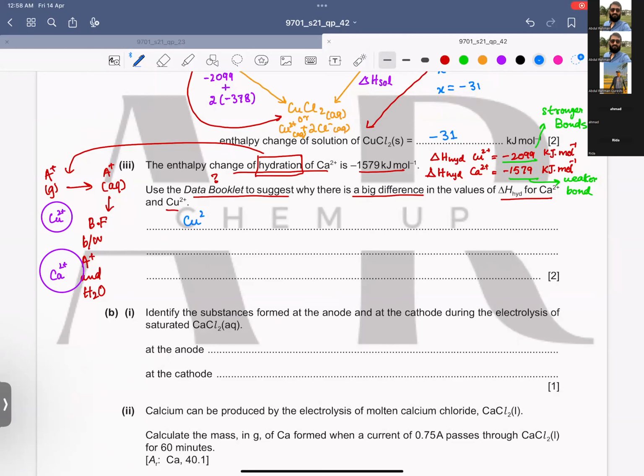If you look in the data booklet, and for this you have to refer to the previous data booklet, not the latest one, because in the previous data booklet you would find the ionic radii or ionic sizes. So we can say copper 2 positive ion is smaller in size than calcium 2 positive ion.